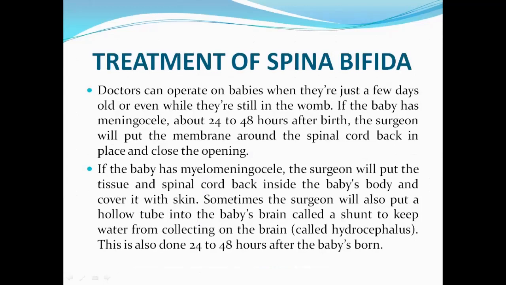And if the baby has myelomeningocele, the surgeon will put the tissue and spinal cord back inside the baby's body and cover it with the skin. Sometimes the surgeon will also put a hollow tube called a shunt into the baby's brain to keep water from collecting on the brain, called hydrocephalus. This is also done 24 to 48 hours after the baby's birth.